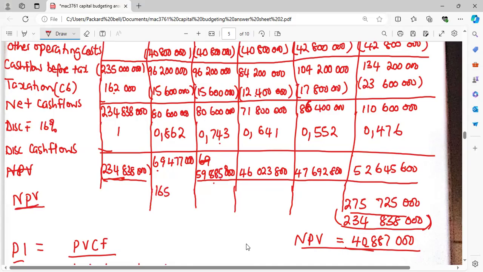Then let's subtract this one from here again and see in year 2 how much we are going to be left with.